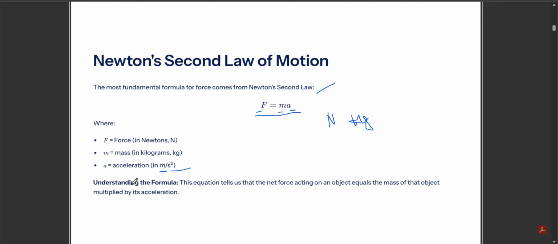Understanding the formula, this equation tells us that the net force acting on an object equals the mass of the object multiplied by its acceleration.